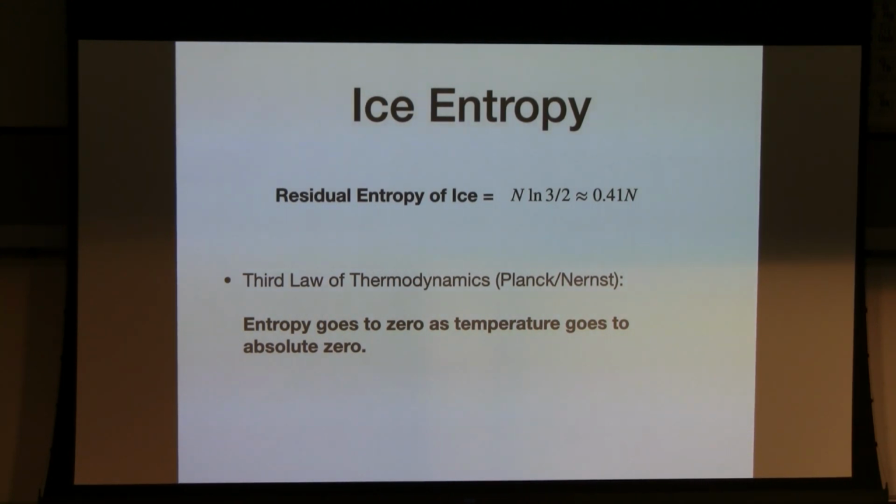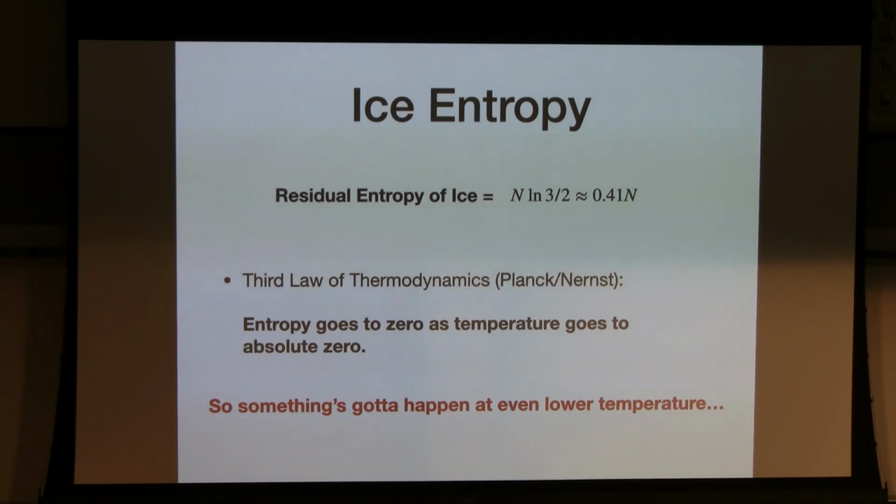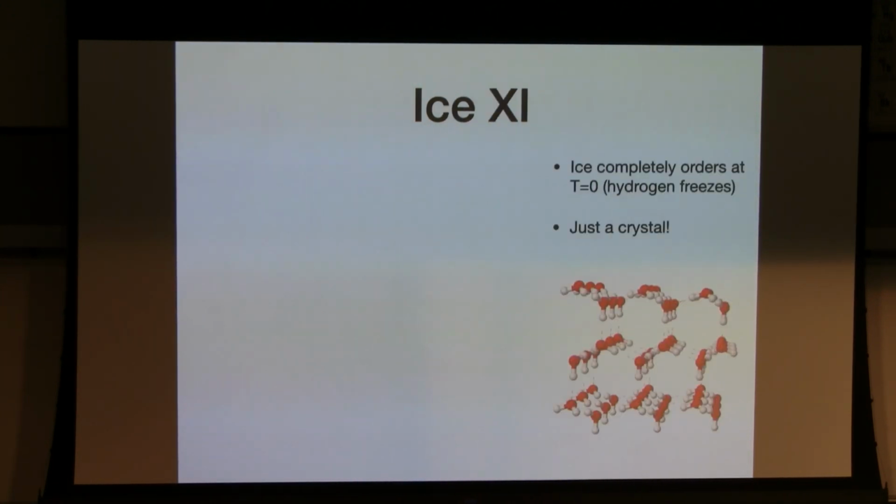So if I keep cooling this ice off, something's got to happen. Now, in water ice, what happens is that below around 70 Kelvin, the ice undergoes a structural phase transition, which is actually ferroelectric. All of those water molecules line up, and you get a net polarization.